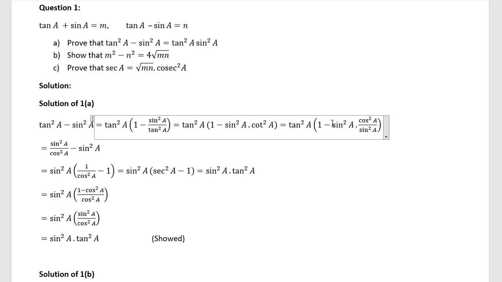Now you can see this sin square A and this sin square A will be cancelled. Therefore you can write equal to tan square A into 1 minus cos square A.